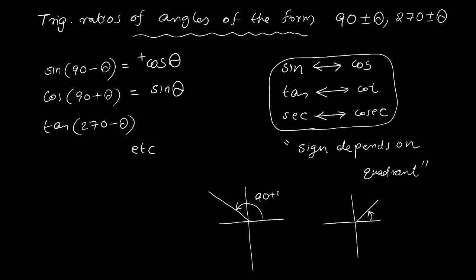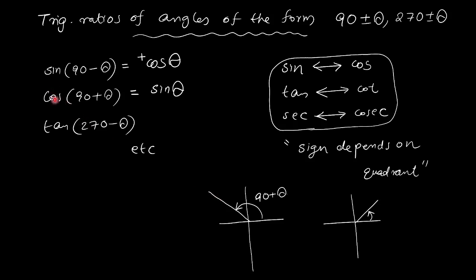Understood? 90 plus theta lies in the second quadrant. So this is cos of the second quadrant. Cos of the second quadrant will be a negative number. In the second quadrant only sin theta is positive.